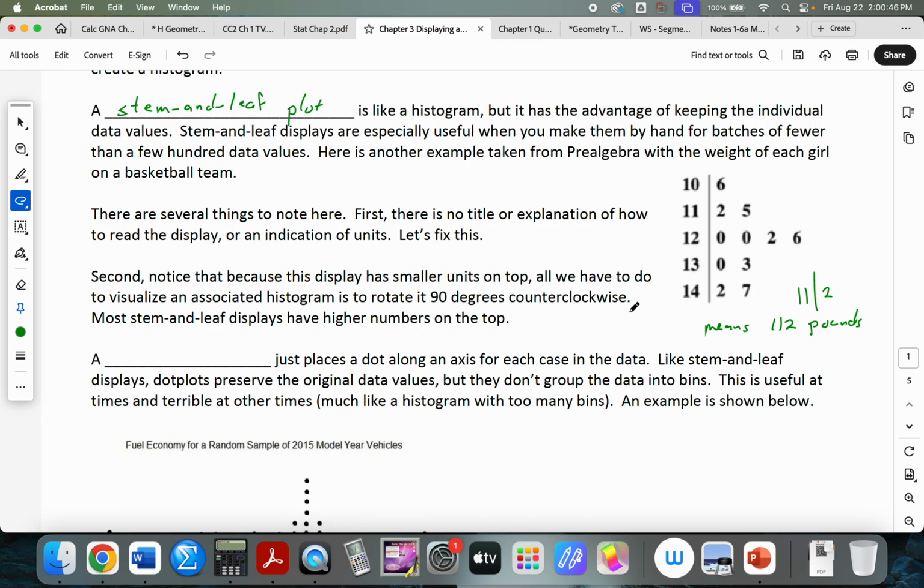But the nice thing about doing them this way is if you take your paper and rotate it to the left 90 degrees, you have a histogram. And it's the way that you would normally read it, smaller numbers on the left, larger numbers on the right. So that's an advantage to doing it this way.